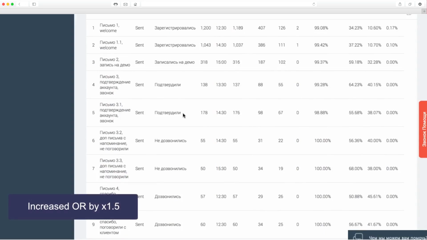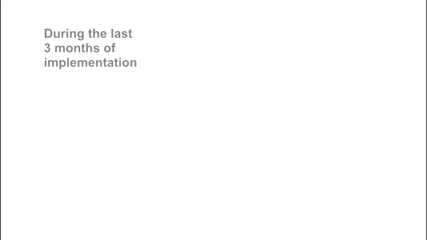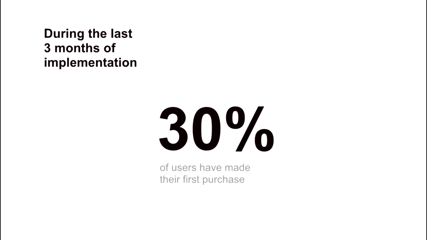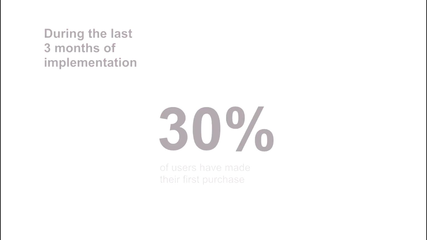Open rates increased by 1.5 times, and click rate rose to 32%. But the most impressive figure of all, during the last 3 months of implementation, almost 30% of users have made their first purchase, and the numbers keep growing.